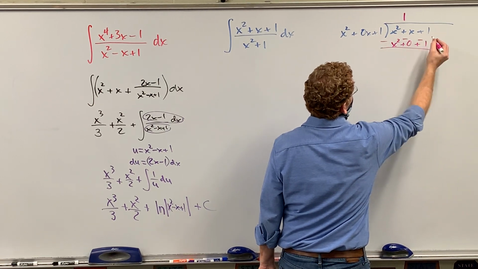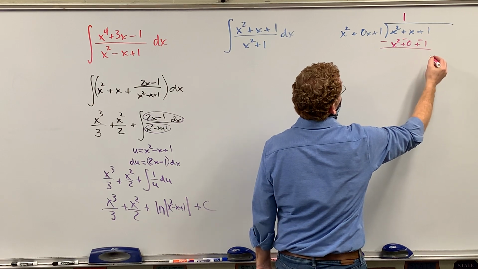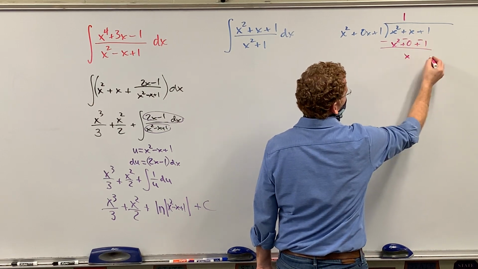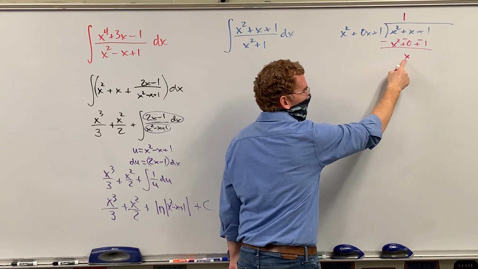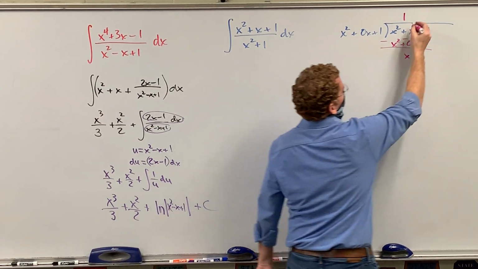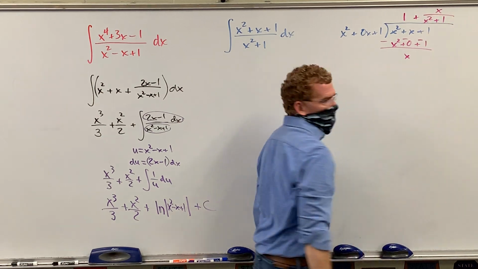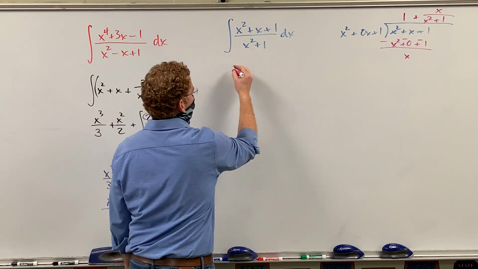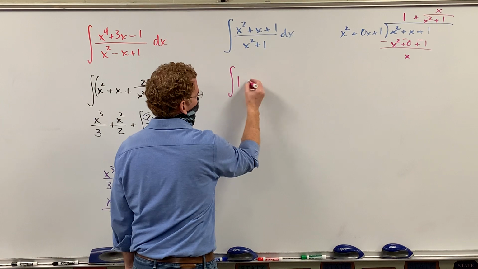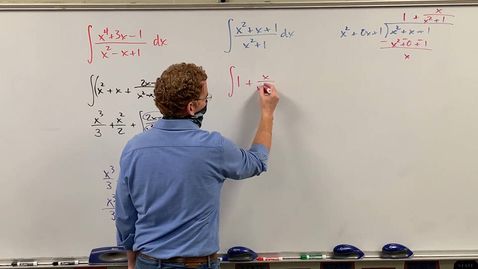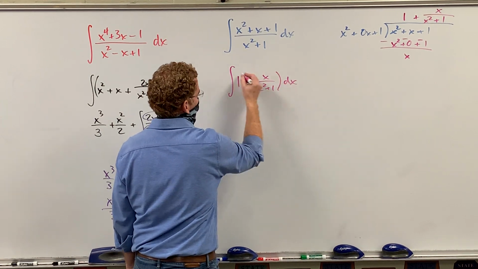Change my signs and what happens? I get x plus 0. And the second I'm smaller here than I am here, I stop and put the x over that. So that means this is the same as the integral of 1 plus x over x squared plus 1 dx.